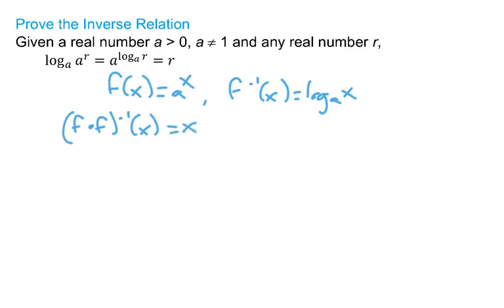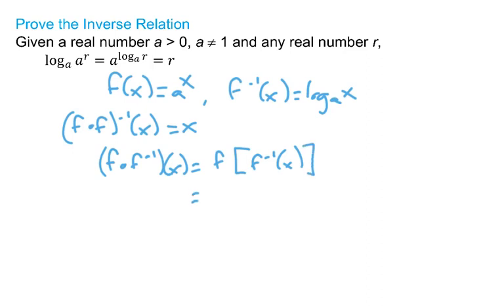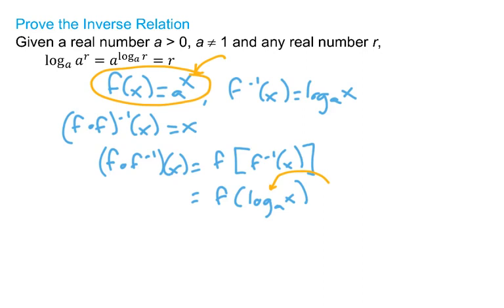Now in this case, the composition of the function and its inverse would be, like we've seen before, f of f inverse of x. F inverse of x is the logarithm base a of x. And then f of logarithm base a of x would tell me to go back to the definition of the function f, and where I see the x, replace it by whatever is inside these parentheses.